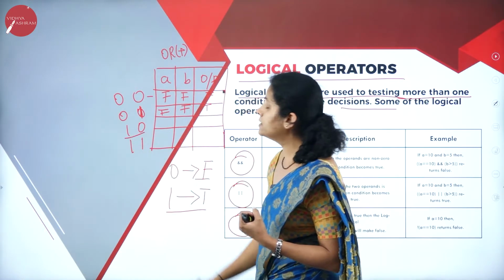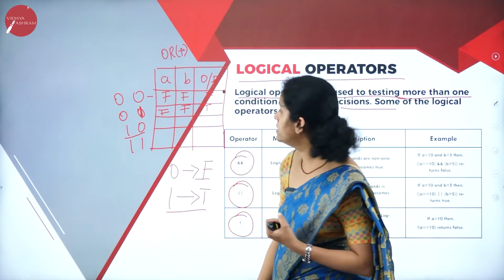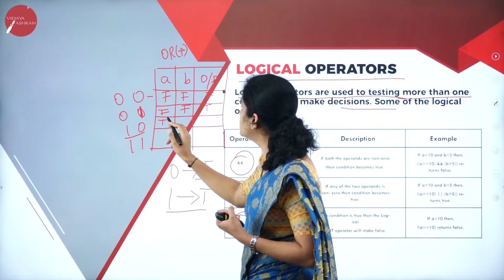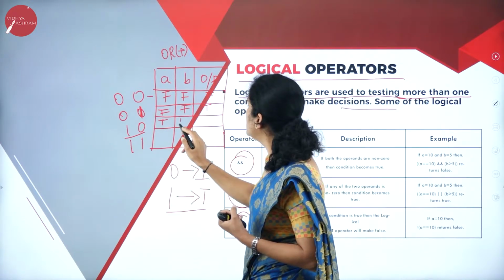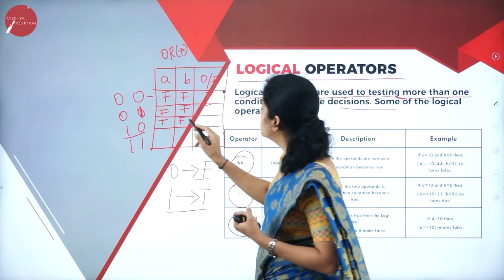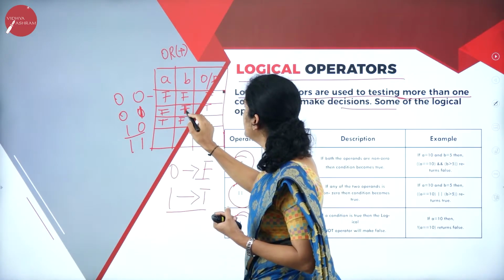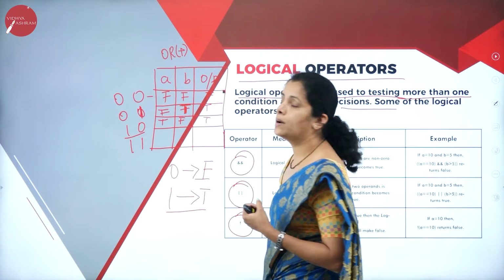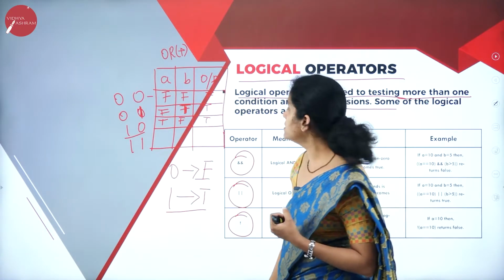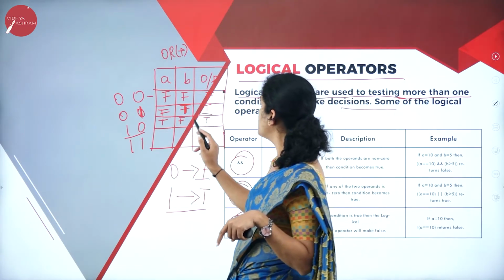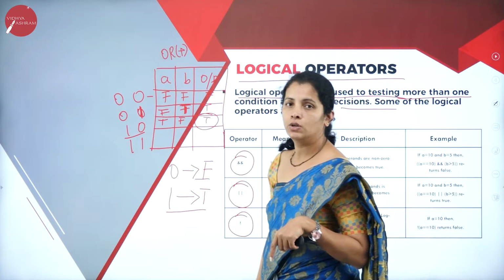What is the other combination here? That is 1 and 0. So 1 is true, and the other one is false. To represent true and false, the value is true. That means if I add 1 plus 0, the value I get is true.